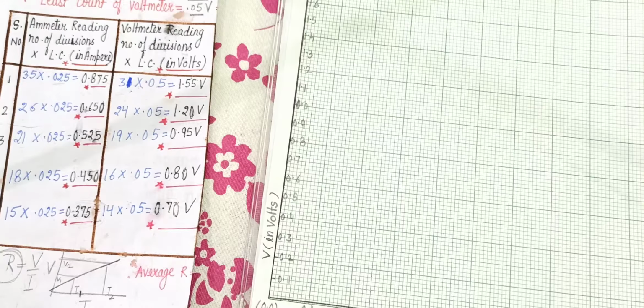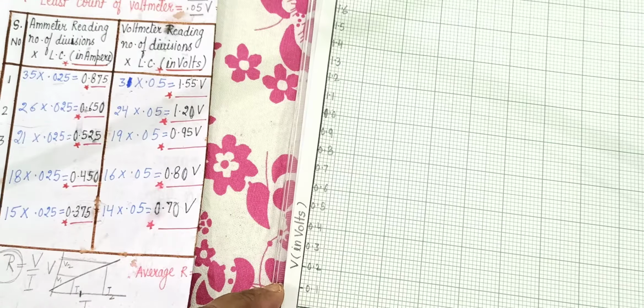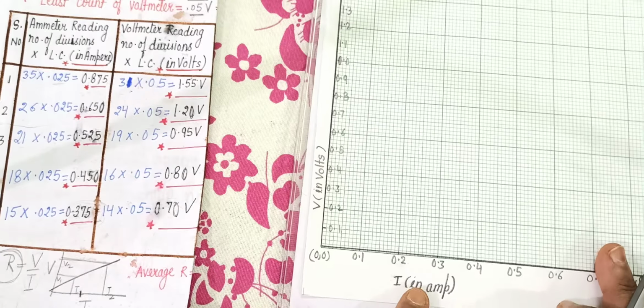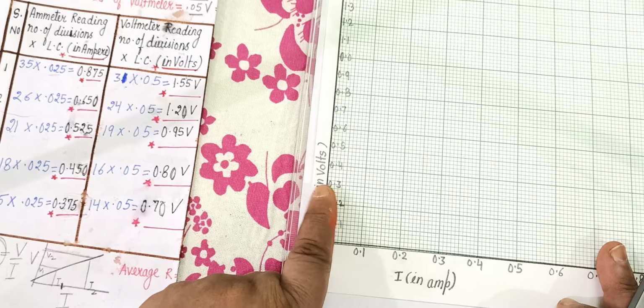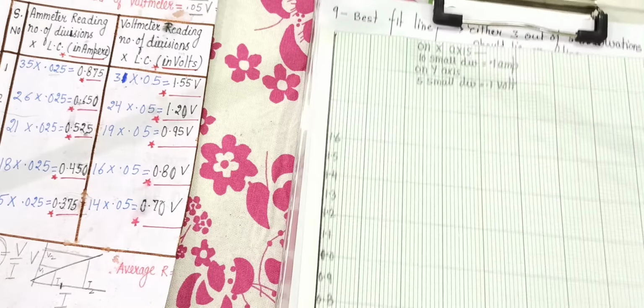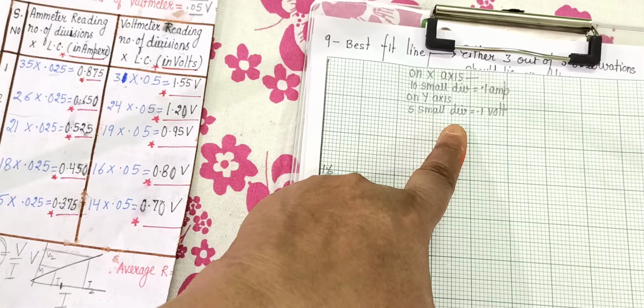Children, are we ready to plot the points and complete our graph? We have written current in ampere on the x-axis, and volt, the potential difference, on the y-axis.